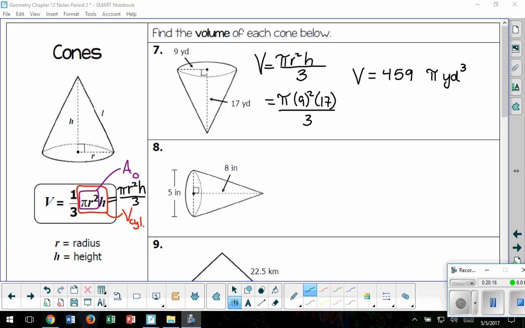So 459 pi yards cubed, and then 459 times pi would be about 1,442.1, round it to the nearest tenth. Okay. Yards cubed.